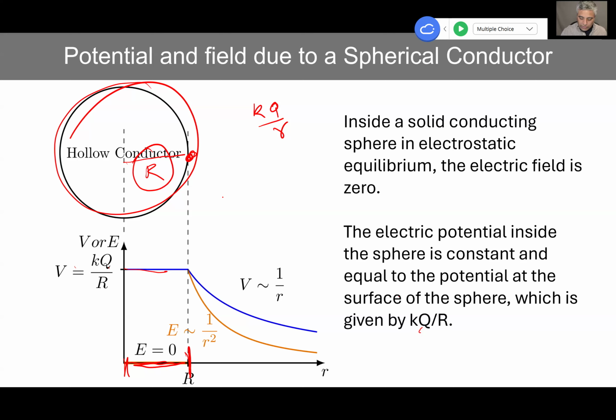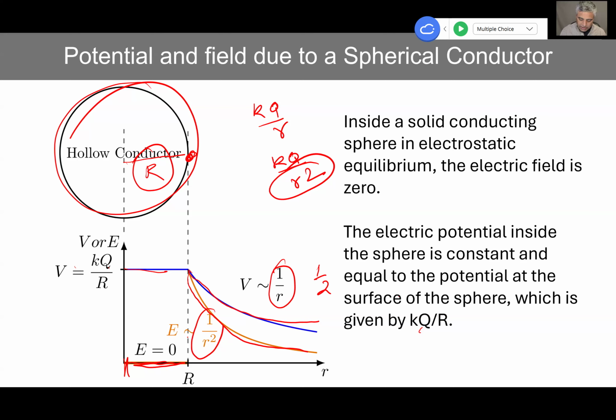Once you go there, it varies as 1 over r, which means it decays slowly. But the field equation, recall, has r square. So it goes down quickly, because if you double the distance, the potential is just half.